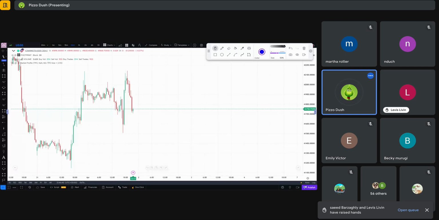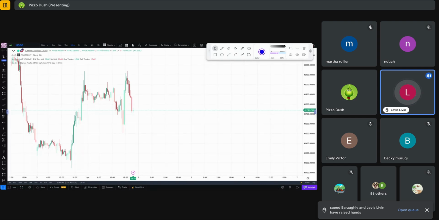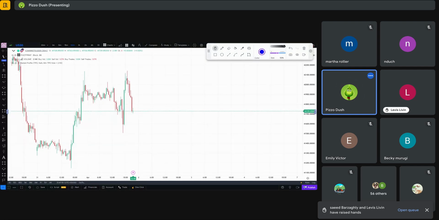Any question? My question was, how can you know that the aggressive movement is long or short? By long and short, what do you mean? I mean long position and short position.